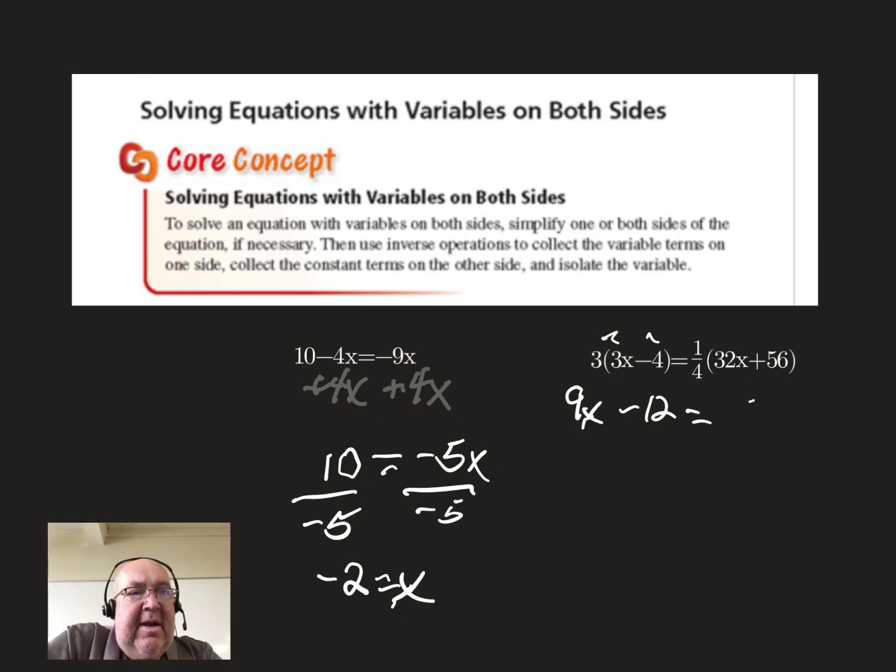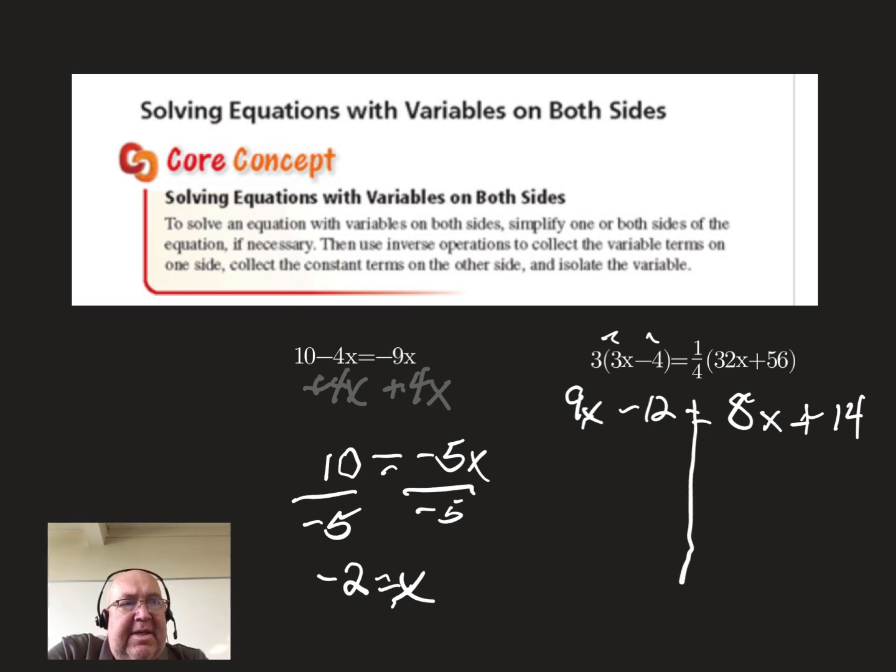So we're going to end up with 8x plus 4 will go into 56, 14 times. Alright, so now what we're going to do is we're going to take our variables to one side, our numbers to the other side.